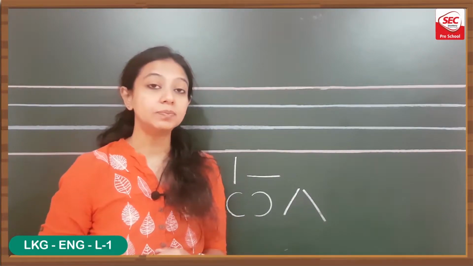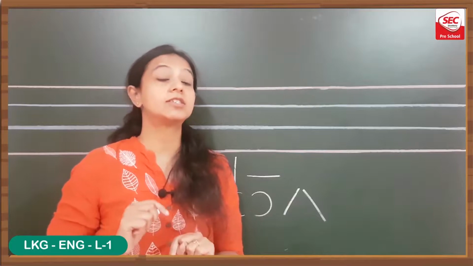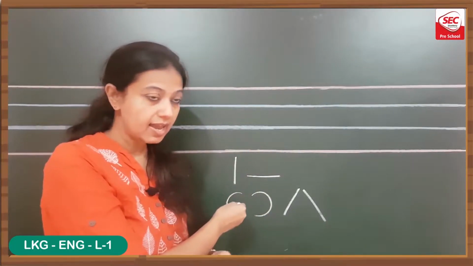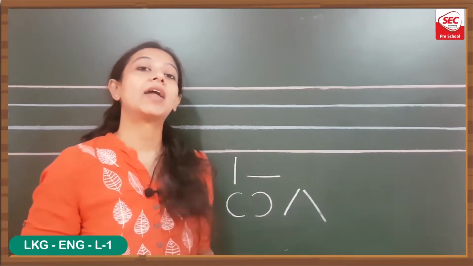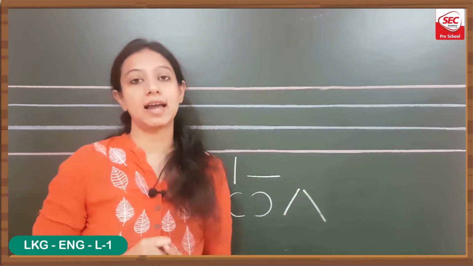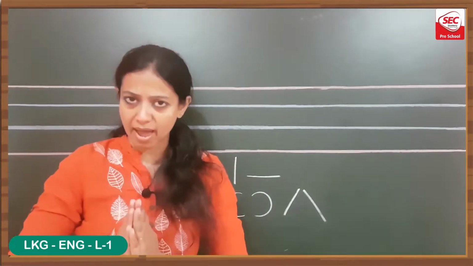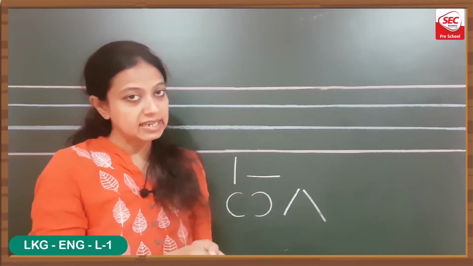Yes, we call them slanting lines. Yes, that's right. So how many basic patterns are there? We have standing line, we have sleeping line, we have curves, and we have slanting lines. So आज शुरुआत है, so we'll not do much. We'll only do the standing and the sleeping line.